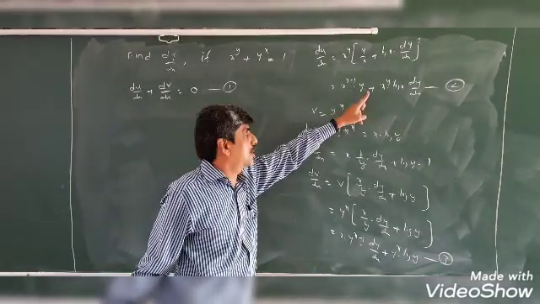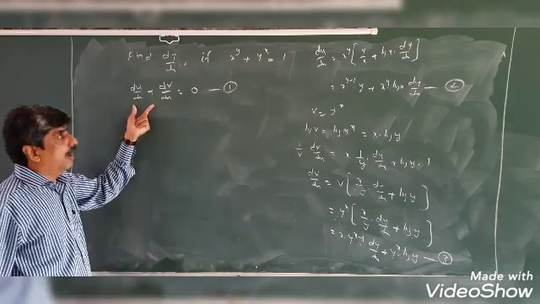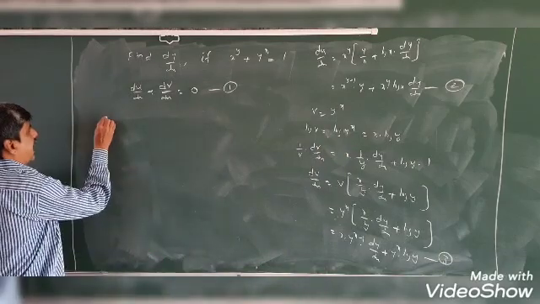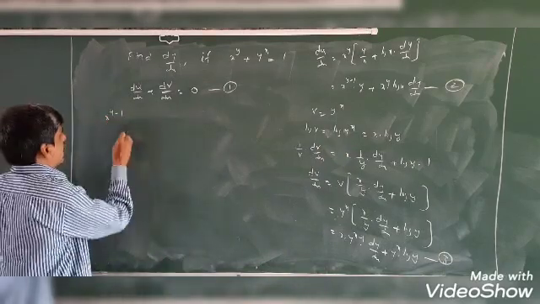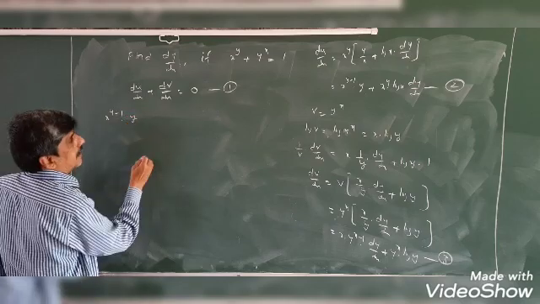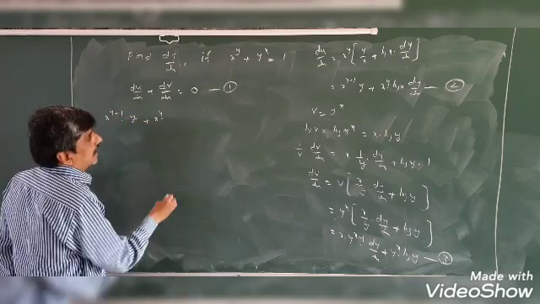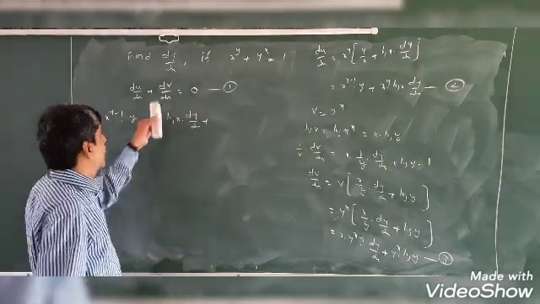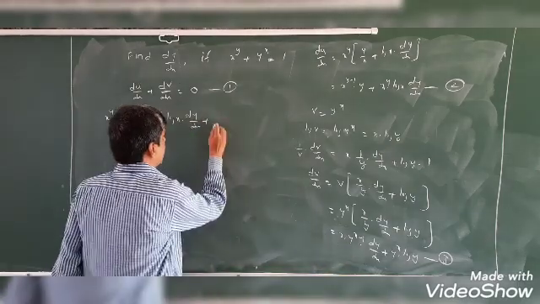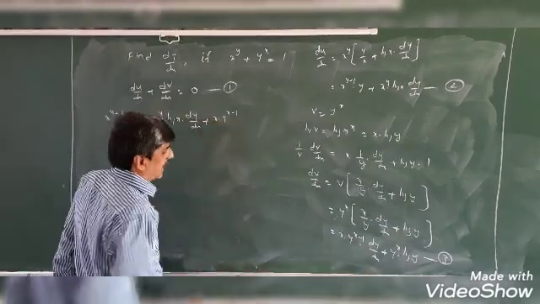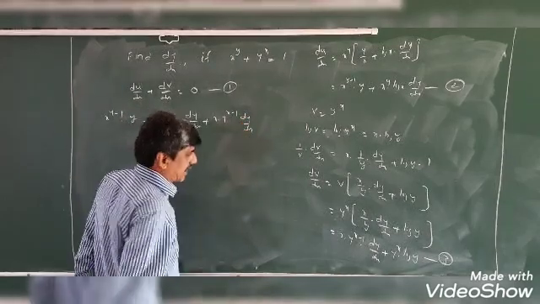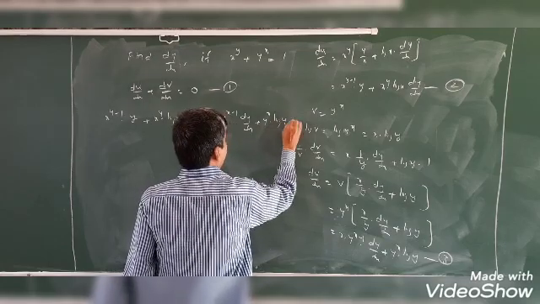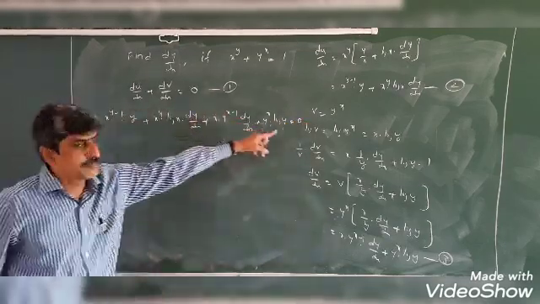Equation 1 means du by dx, which is x power y minus 1 into y plus x power y into log x into dy by dx, plus dv by dx, which is x into y power x minus 1 into dy by dx plus y power x into log y, is equal to 0.